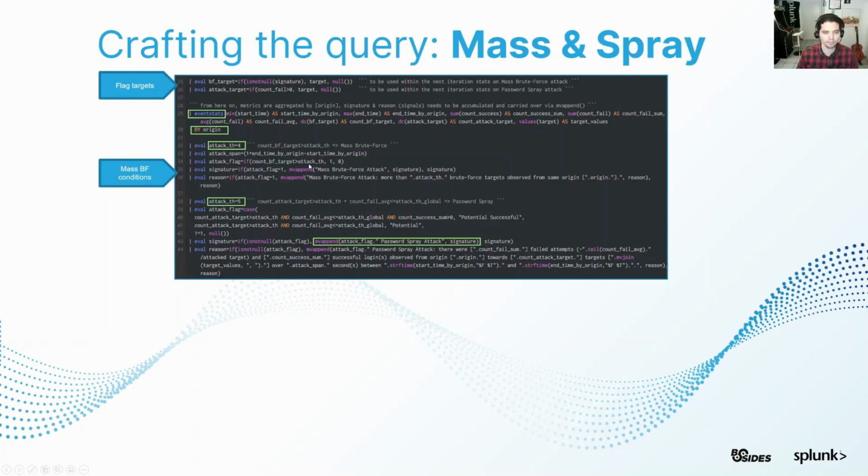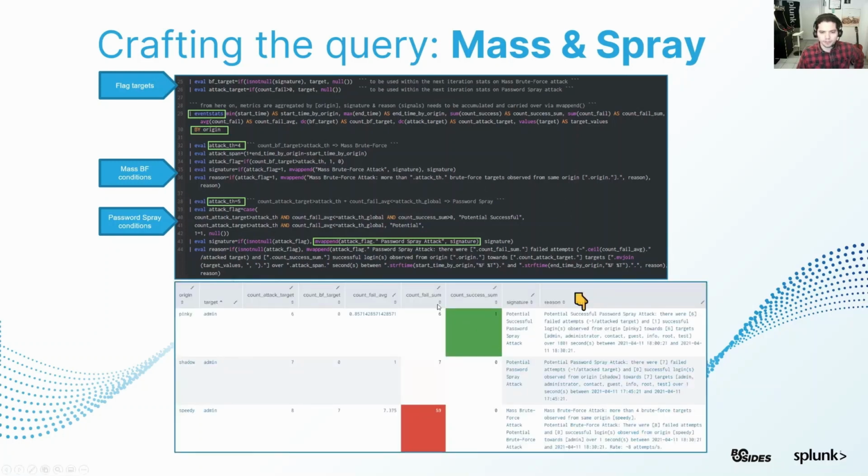That's the main condition to determine a mass brute force attack. Similarly, I have the attack flag for the password spray, and this is a little bit different. I may have a successful password spray attack or a non-successful one. So here I combine those conditions, and I'm able to tell when there is a potential successful attack or not, right?